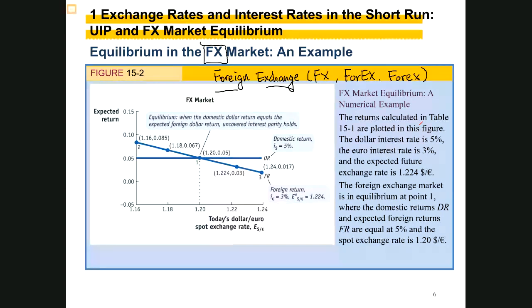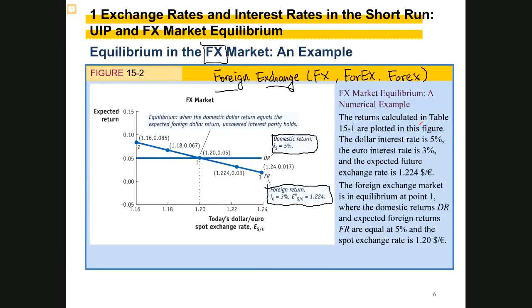So in economics, whenever we have a market, we need to construct the demand side and the supply side, right? But in a foreign exchange market, who is the demand? Who is the supply? It's hard to pin down. So now we use the idea of the UIP: the domestic return you could treat as a supply, and the foreign return you could treat as a demand for the foreign exchange.